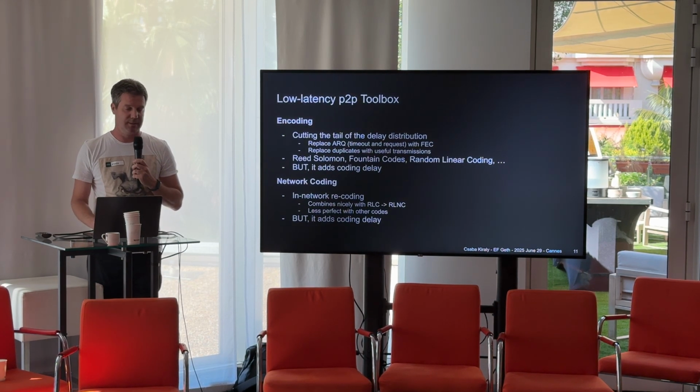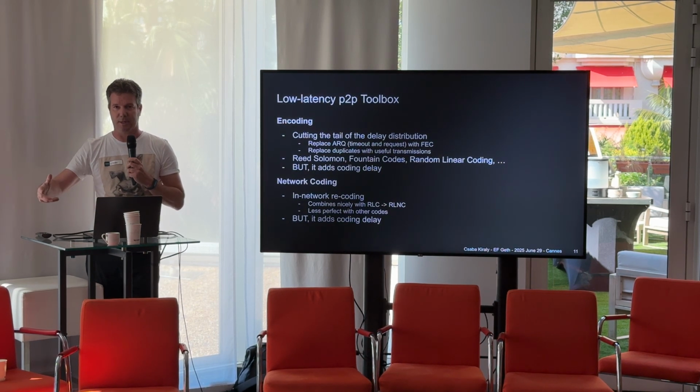We might apply it. It's basically about, in the network, we can do recoding. And with this, we can basically achieve a situation where anything we send becomes useful. So there are no duplicates, in the sense that whenever I'm sending something to someone, he can use at least a part of that. It comes with compromises.